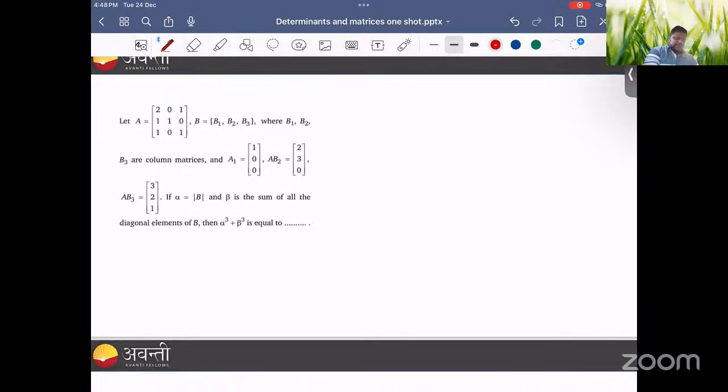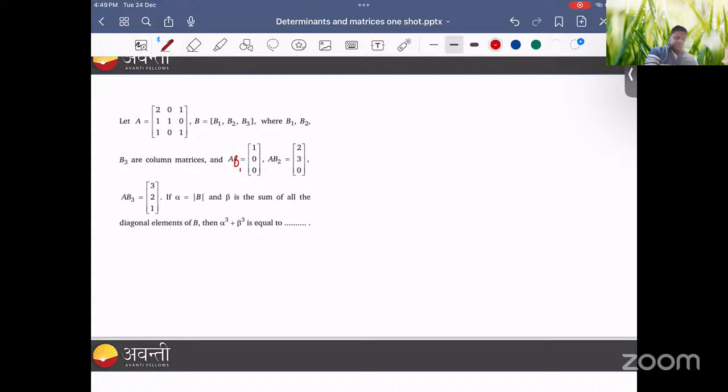Okay, now do this question. Let A be the matrix 201, 110, 101, and B be a matrix with columns B1, B2, B3. Now AB1 is 100, AB2 is 230, AB3 is 321.